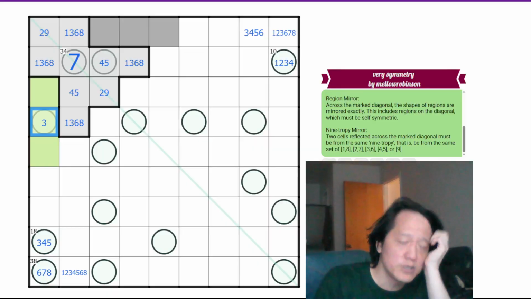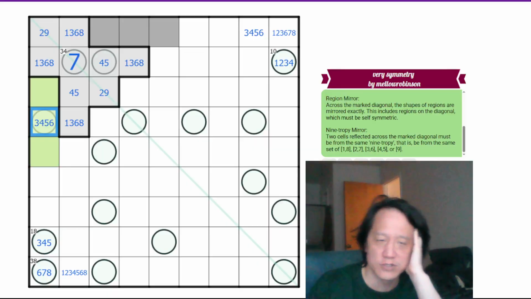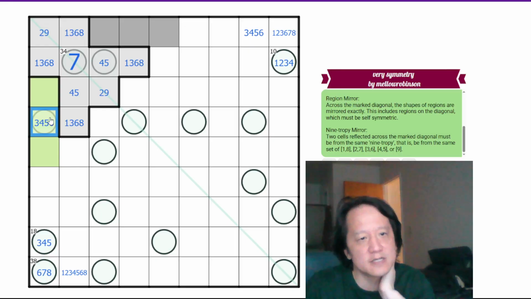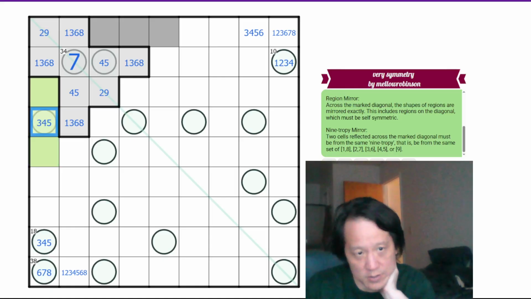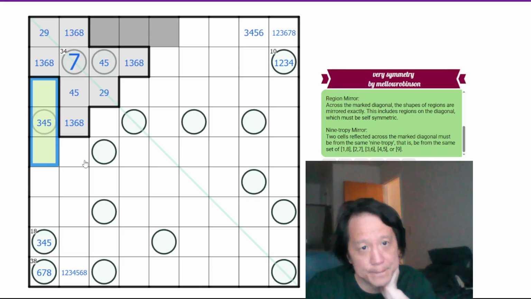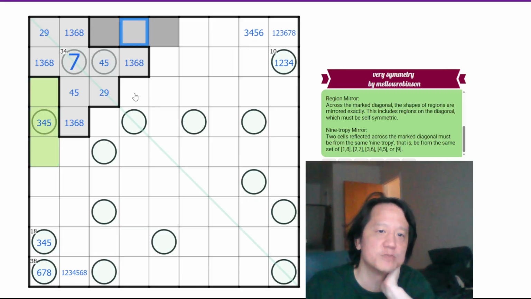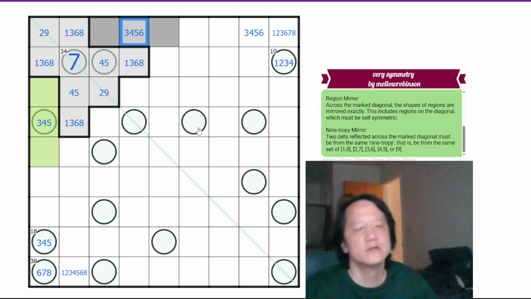This sees 3 through 6 here, potentially. But this can't see 6 cells either, because then that would see 6 cells here. So this must be 3 through 5 here as possibilities. And this must be the mirror. So it could be 3, 4, 5, or 6 to be there.